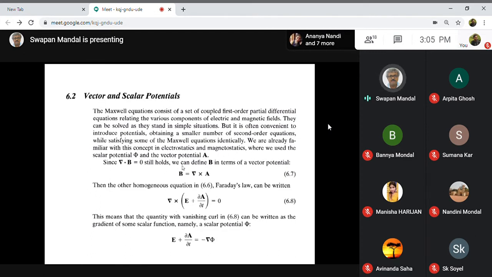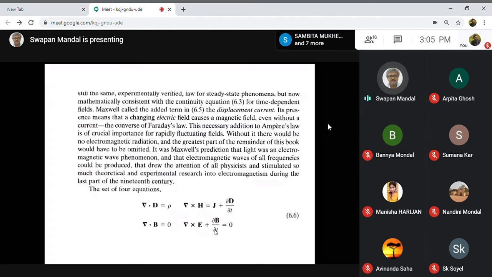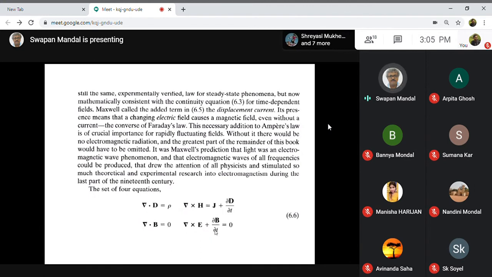Now once I got B equal to curl of A, I use one more homogeneous equation here: curl of E plus del B del T equal to 0, and put B equal to curl of A. Curl is the spatial operation and del del T is the temporal operation, so spatial and temporal operations can be commuted. Instead of taking the curl first, we can take the time derivative first, then the curl.